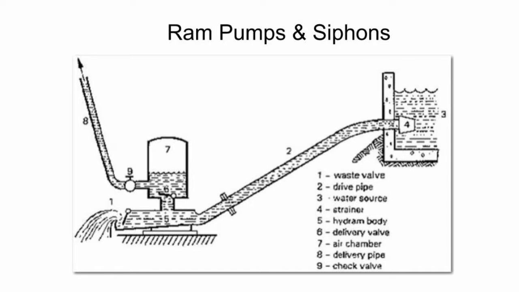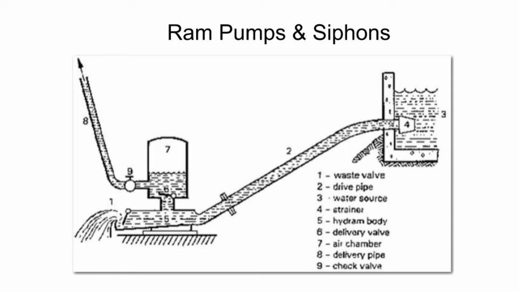We can take a look at this one more time. Basically, a ram pump is used to get water in a very low-tech way into a higher position. If you're taking a look at this diagram, it flows from the tank number 3 down the inlet pipe number 2 into 5, the hydrant body. Once it reaches a certain flow rate, number 1, the waste valve will slam shut.